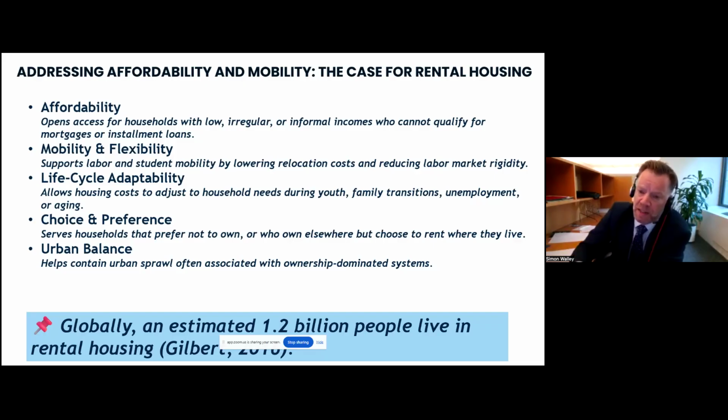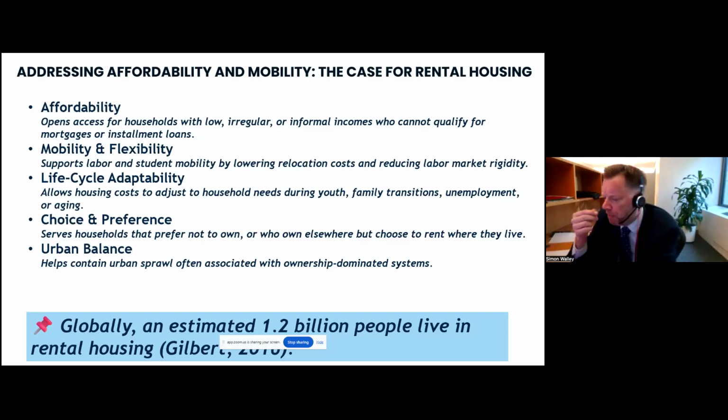And if that housing isn't there, this is where you end up seeing the proliferation of slums. So having good rental solutions provides that housing option, but in an organized way, allows for investment into that rental stock, and limits this urban sprawl and particularly the growth of slums.